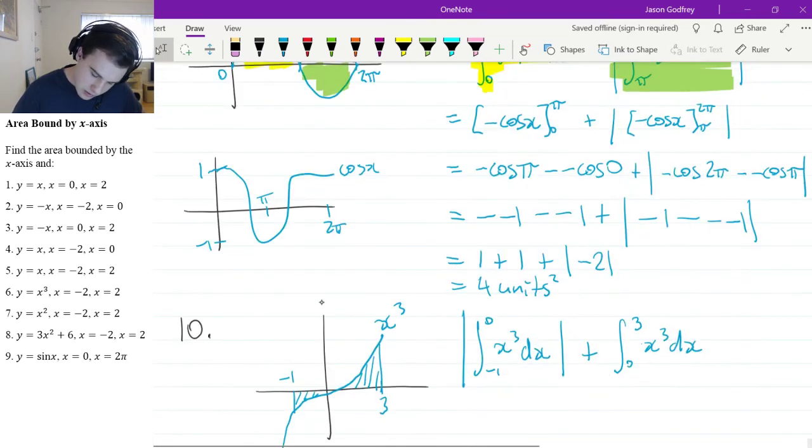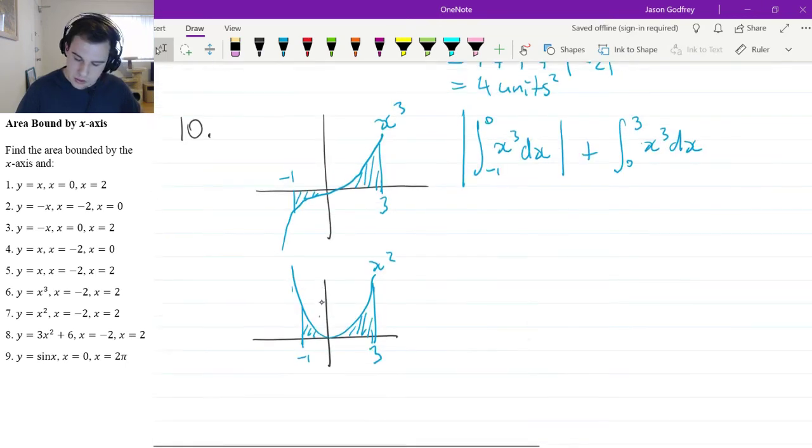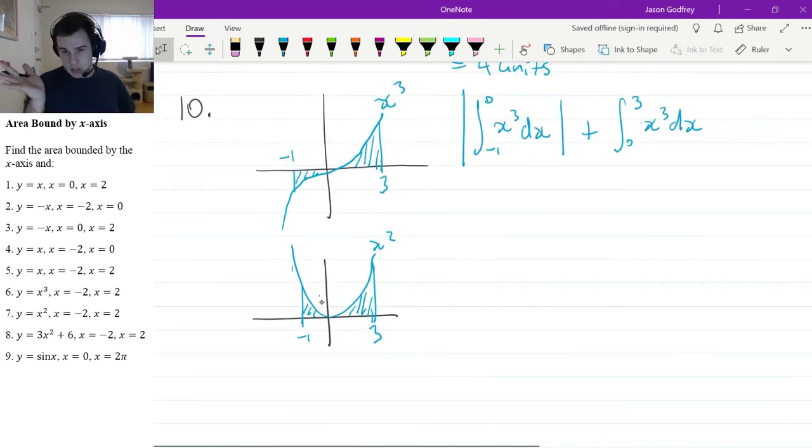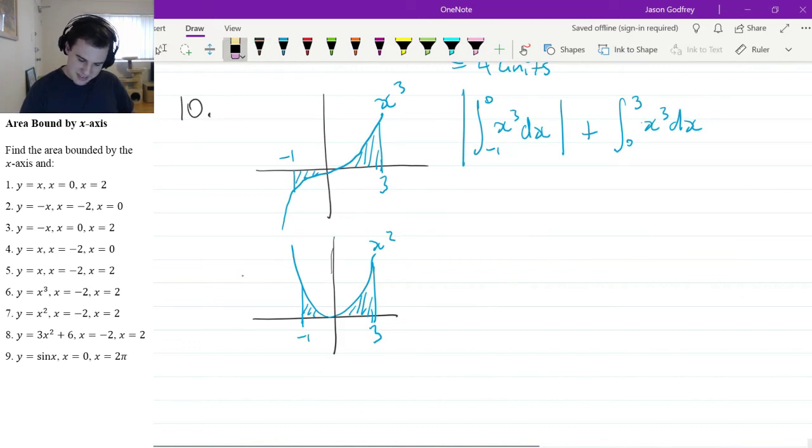The ones I've been using are all x squared as an even function, which is above the x-axis, but we could have an even function below the x-axis.